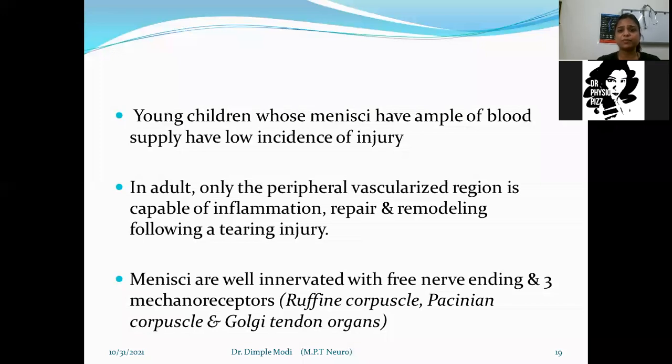Young children, whose menisci have ample blood supply, have a low incidence of injury. In adults, only the peripheral vascular region is capable of inflammation, repair, and remodeling following a tearing injury. Menisci are well innervated with free nerve endings and mechanoreceptors: Ruffini's corpuscles, Pacinian corpuscles, and the Golgi tendon organs.